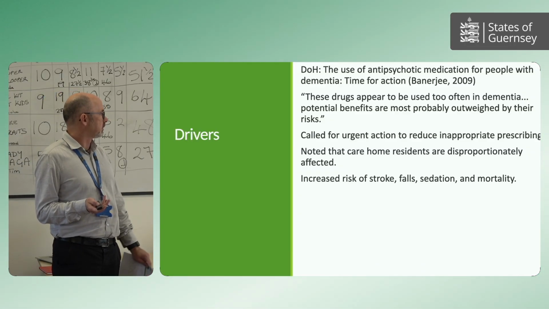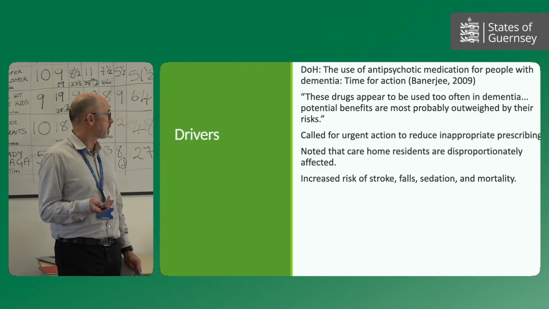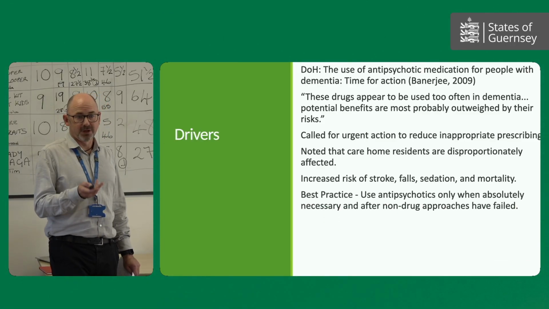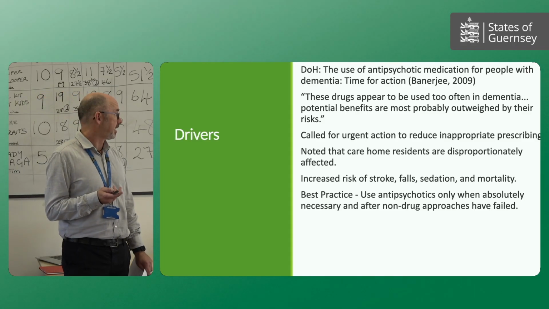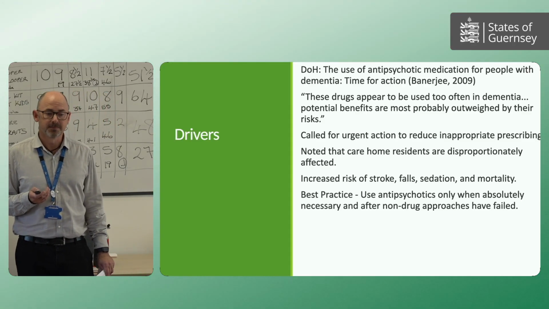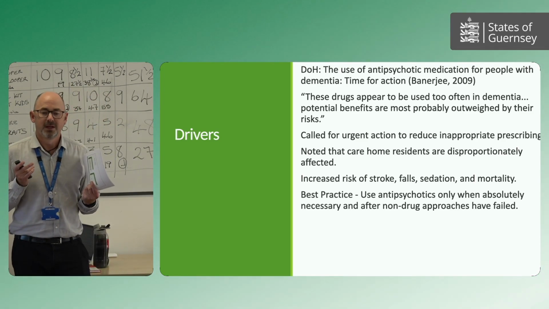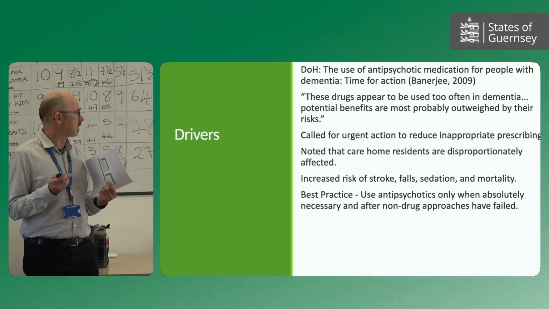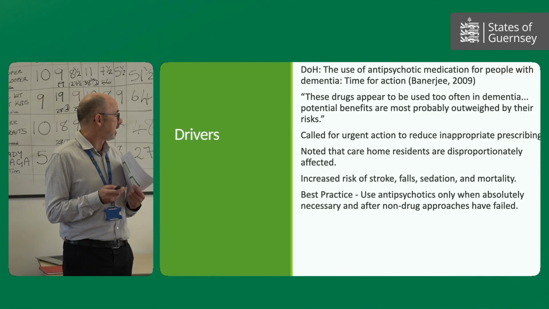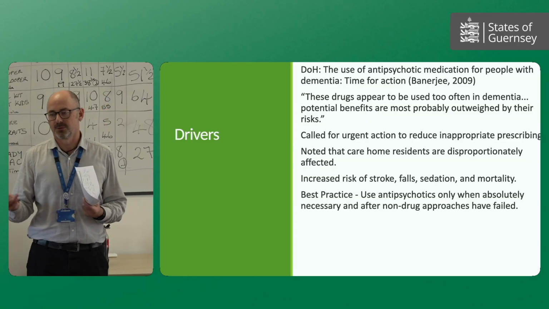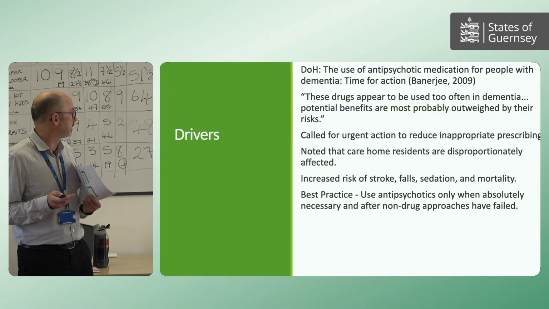As I mentioned, there is increased risk of stroke in the elderly, falls, sedation and death. As pointed out in the previous presentation, we should only use antipsychotics when absolutely necessary and after non-drug approaches have been tried. So all the non-pharmacological, environmental, person-centred and biological approaches should be the first course of action, and only when they've been exhausted should we consider a low-dose antipsychotic if necessary.